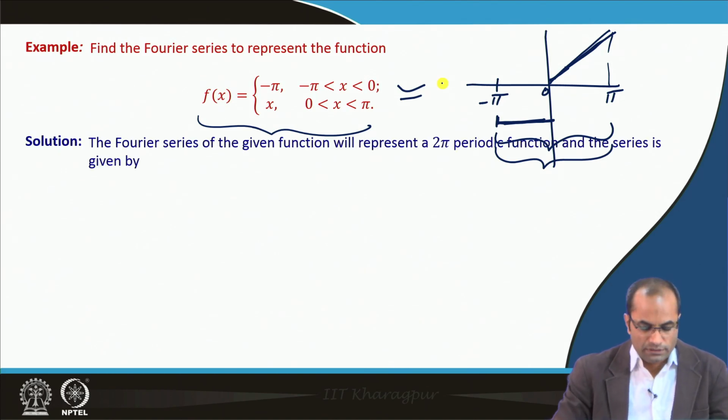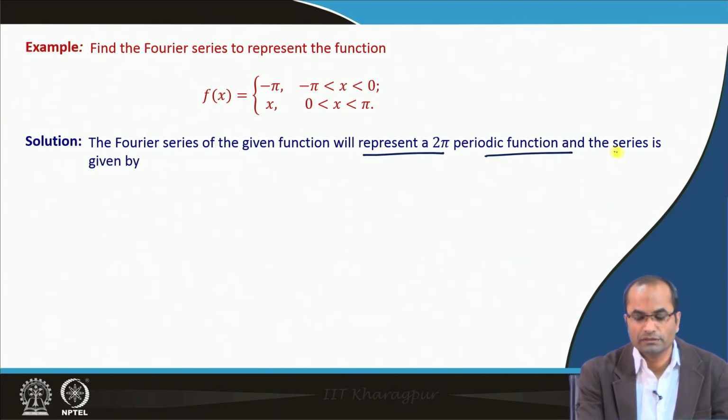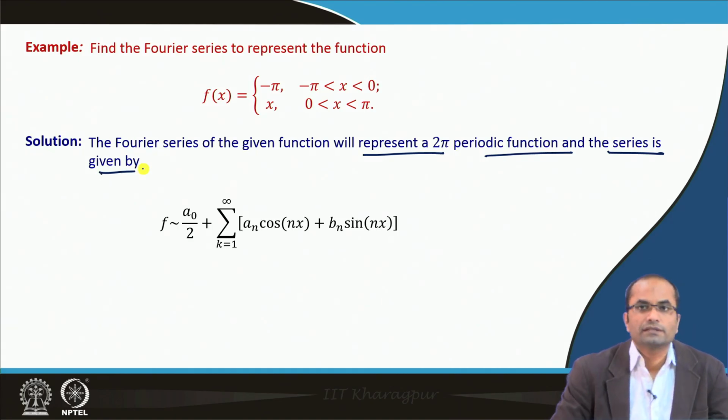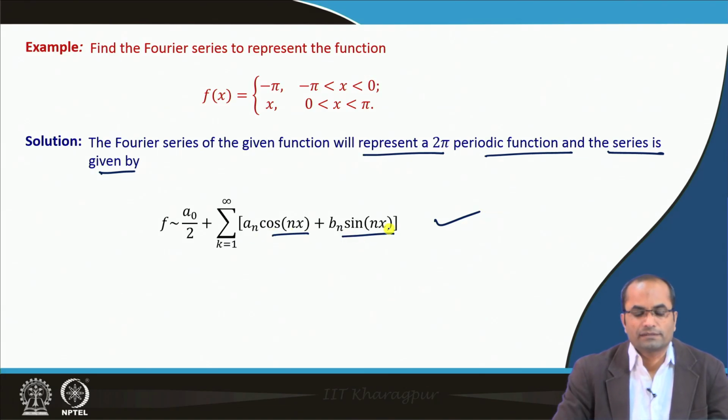So, the Fourier series of the given function will represent a 2 pi periodic function, and the series is the standard series, because we are talking about a 2 pi periodic function. So, in this case we have written this standard series with a n cos n x and b n sin n x.